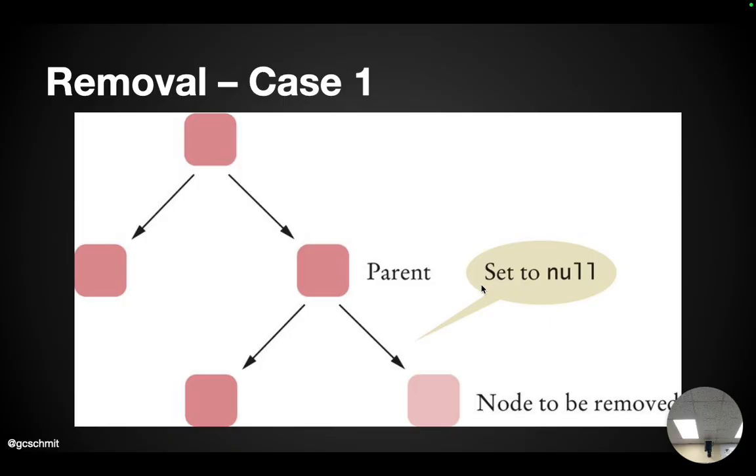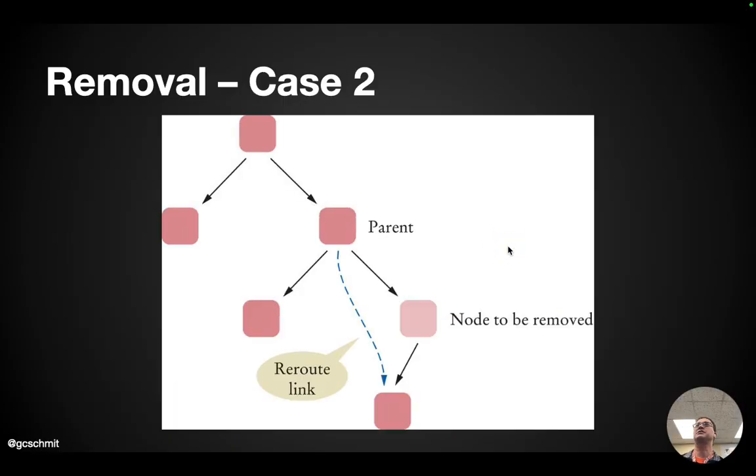All right, I'm going to show you a picture, but we're going to write the code tomorrow. Here's what's next. Case two says, we found the node to be removed, and we know its parent, and the node to be removed has exactly one child. That's not too bad. This is harder than what we just coded, but not too crazy hard.